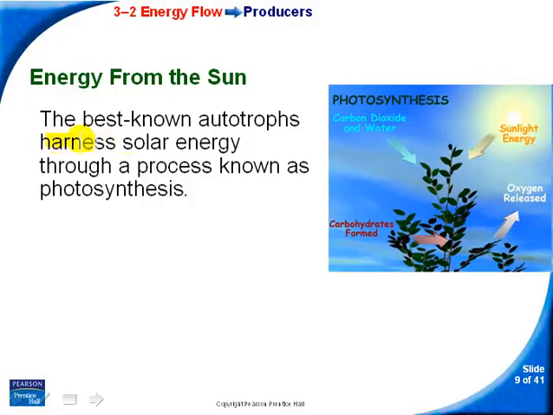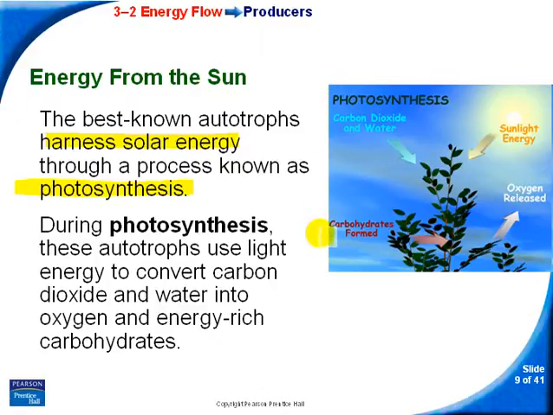What they're doing is harnessing solar energy, and here's the important word right here, photosynthesis. The organism takes in light energy and also carbon dioxide, and uses the energy from the sunlight to convert carbon dioxide and water into energy-rich carbohydrates, like we said before.